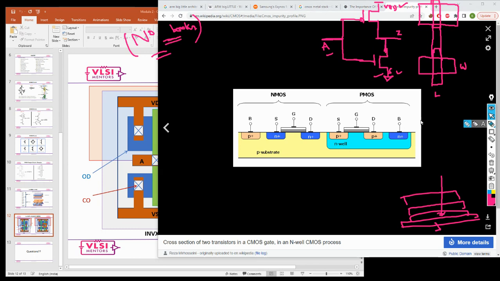Now, what did I tell you? Your source of this PMOS is going to be connecting to overall high, and will come all the way up to the upper layer. And you remember in an IC, you will have one VDD, and you will have one VSS, and you will have all the inputs and outputs, etc. Correct. So at the end of the day, this VDD pin will reach your PMOS source. That is how it is going to be when you are designing the chip.